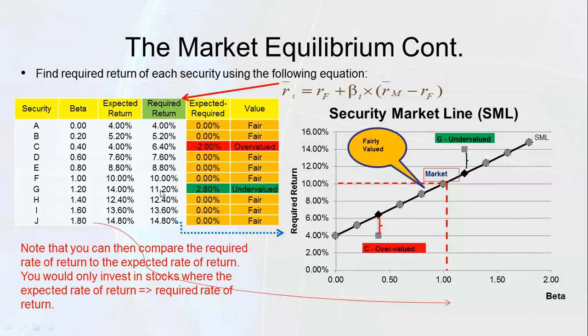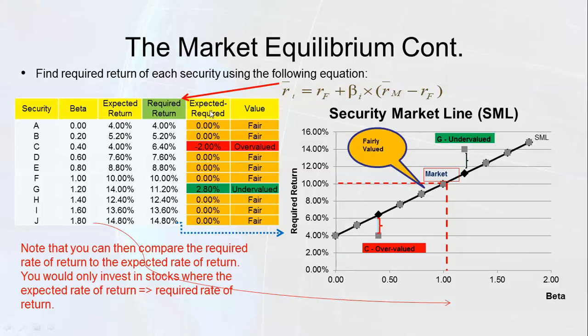The expected return on this security is 14%, while the fair return is 11.2%. Therefore this is a cheaper stock, an undervalued stock. This is how you use the CAPM SML equation to find undervalued, overvalued, or fairly priced securities.